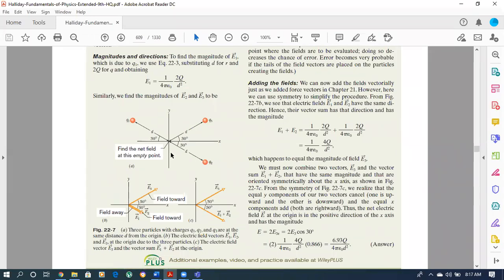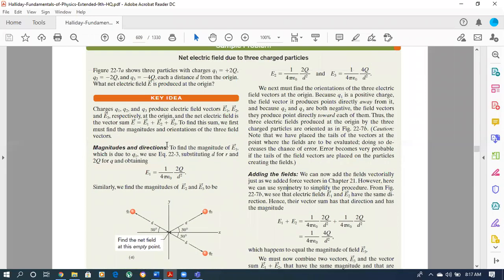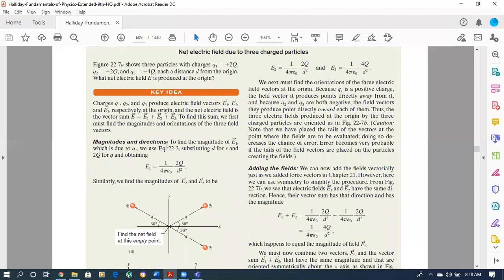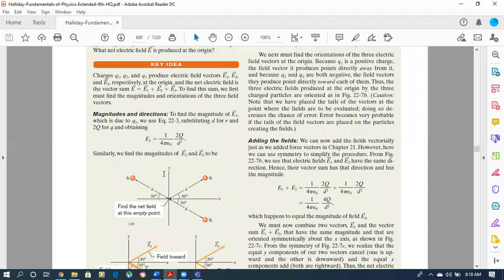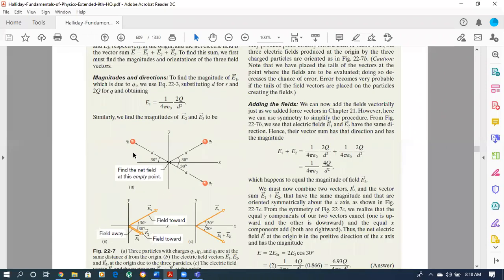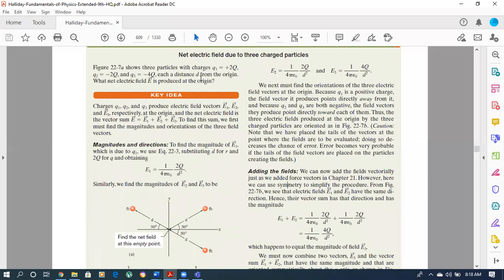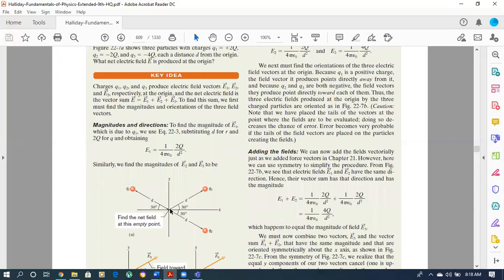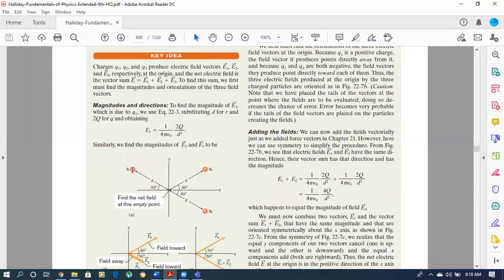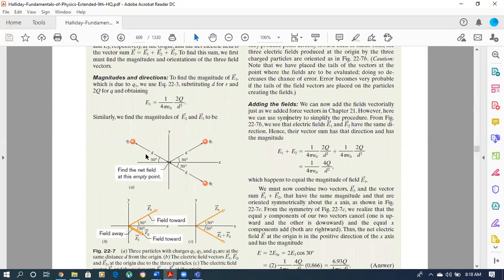Look at the diagram here. According to the statement, Q1 is a positive charge, Q2 is a negative charge, and Q3 is again negative, but of different magnitude, -4. When we place some positive charge at the origin, it will be repelled by this charge, exactly perpendicular to its direction, so the direction of the force will be in this direction.